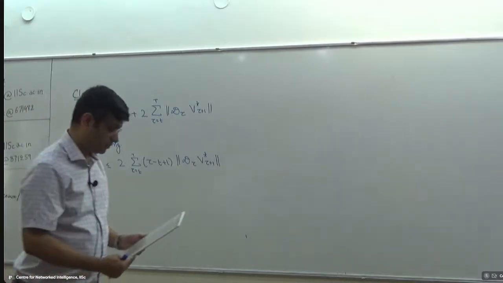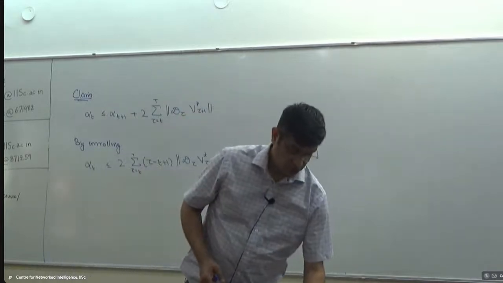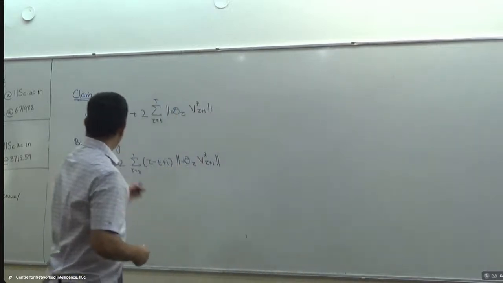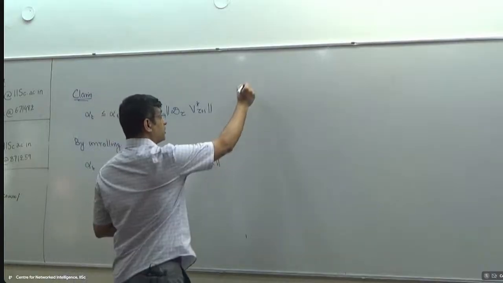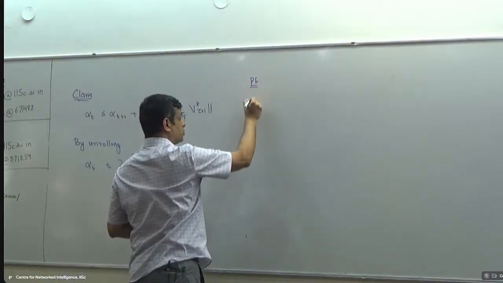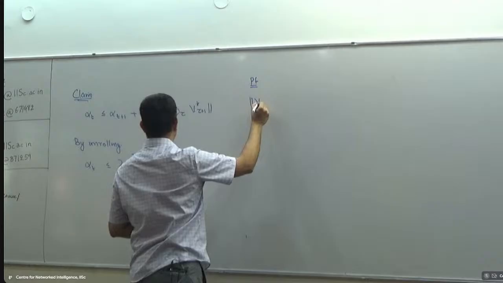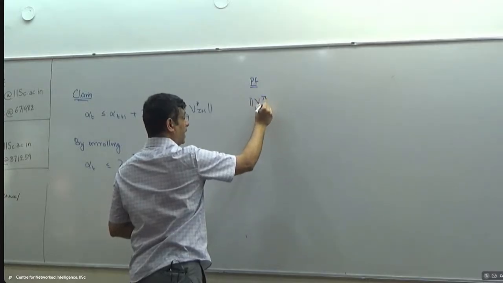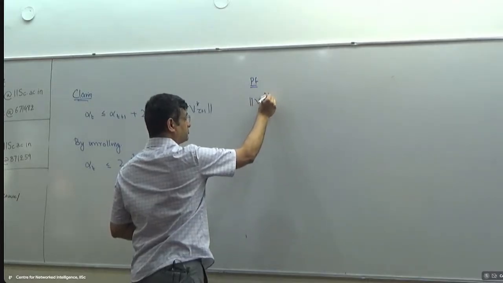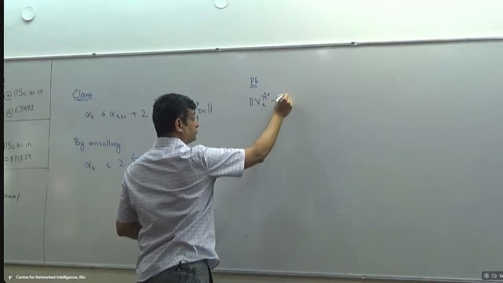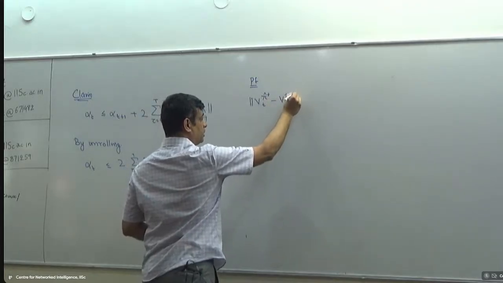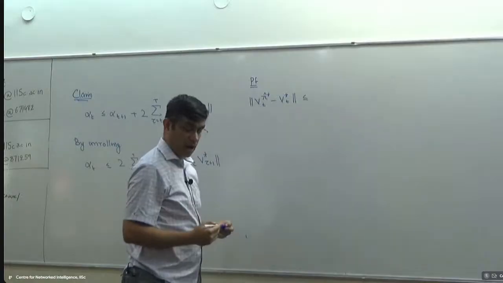So let me start with the proof of the claim. What I want to show is that the norm of V pi hat star t minus V star t, I want to bound this by something.